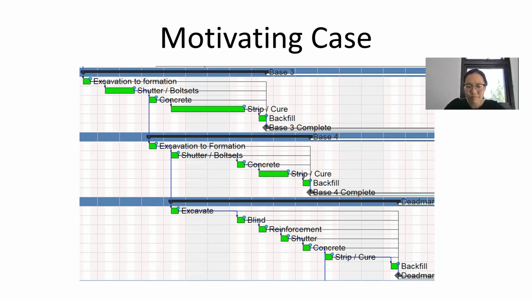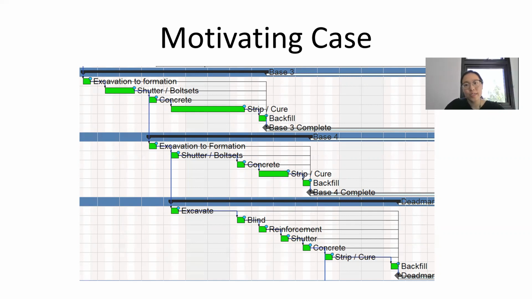However, can machine learning, more specifically, always process the construction schedule more accurately and precisely than human brains? The answer is no, unfortunately. This motivating case, the slide that you're seeing at this moment, explains why it can't.